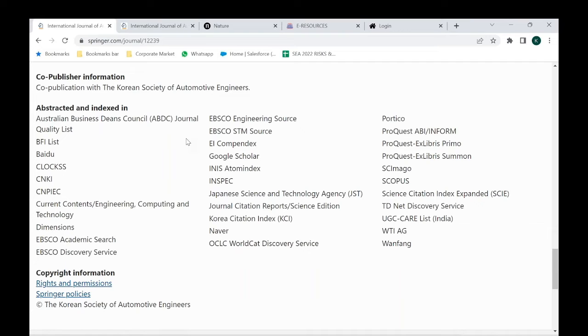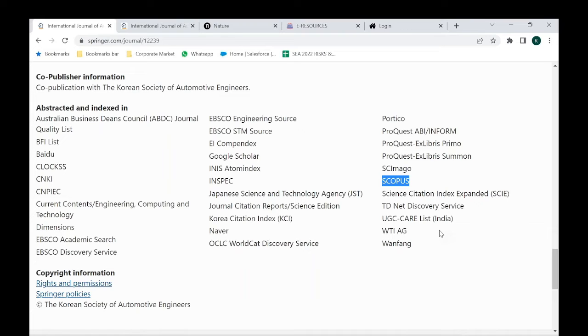As far as I'm aware, in Malaysia we often put a lot of emphasis on Scopus as a minimum requirement. So if this journal, for example, is indexed in Scopus, you can sort of trust it in that sense, because these are part of the minimum requirements that we set for something trustworthy.